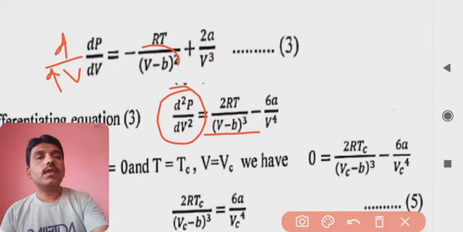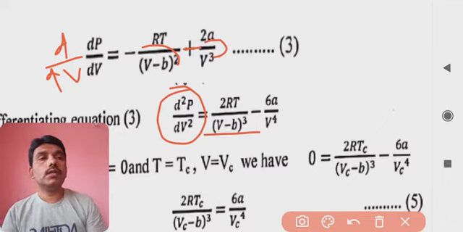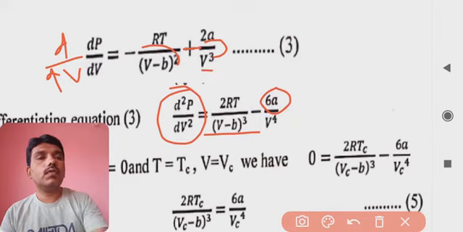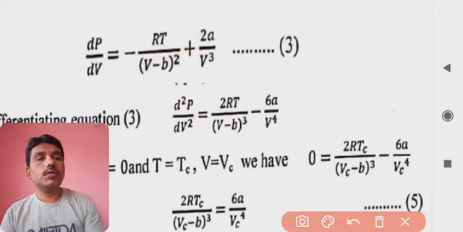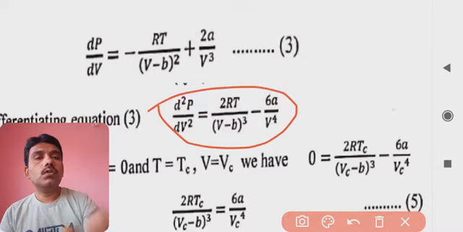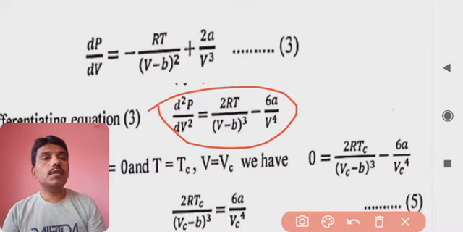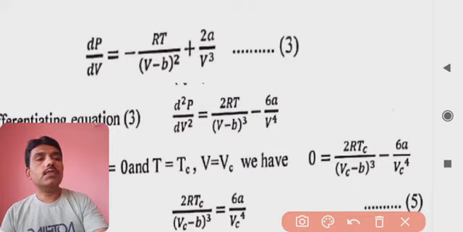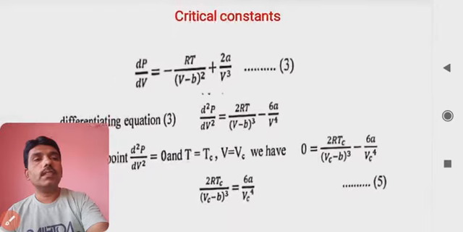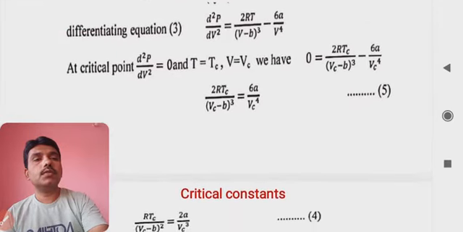Here it is plus, it will again become minus, this 3 will come upward, and 3 into 2 is 6, so 6a divided by V cube becomes V raised to 4. So the new relation is d2P by dV square is equal to 2RT divided by (V minus b) cube minus 6a divided by V raised to 4. This is the new relation for the double differentiation, where equation number 3 is differentiated with respect to volume.